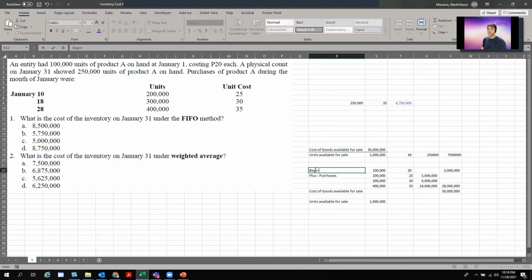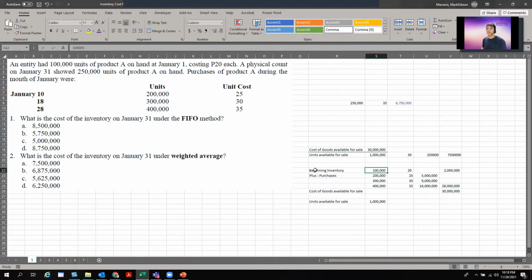Buuin ko na lang to para at least hindi malito when you go back to the recording. And also, I've already provided you with the Excel file and PowerPoint, so at least you can do your own review at your own time. So that's 100,000 multiplied by 20, that's 2 million. Tandaan class, wala pa tayong ina-analyze dito, ito pa lang lahat yung mga given. So add purchases.